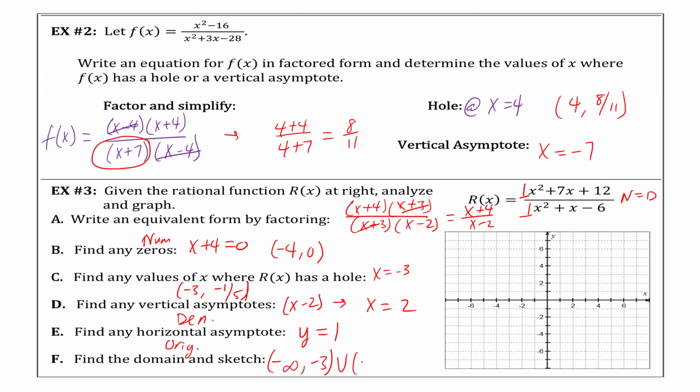I would get to negative 3 before I get to my asymptote. Remember, holes and the vertical asymptote define my domain, right? Then it's going to be negative 3 to 2, and then 2 to infinity. Your domain is based off of your holes and your VAs.